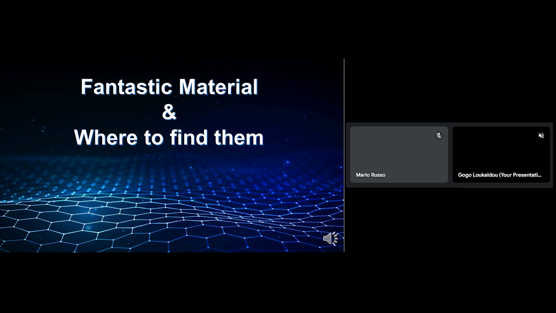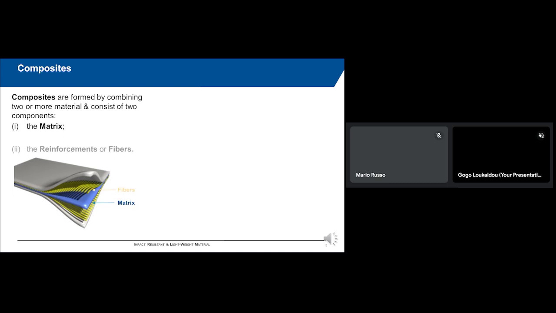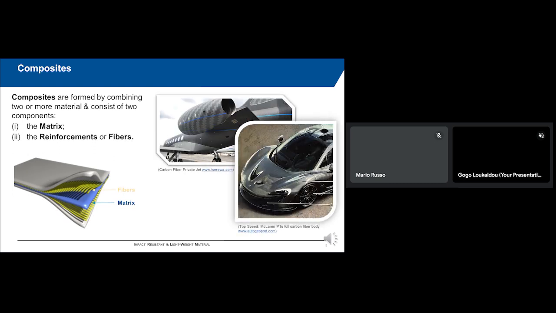You can go next. In the field of research, there are a lot of different kinds of new materials being studied. One of the most interesting for impact problems, specifically ballistic ones, is the spiderweb.